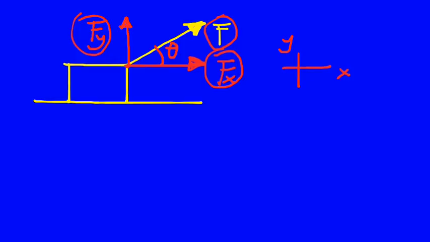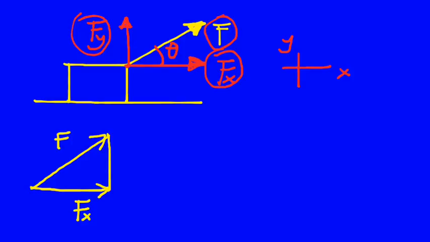Now, if you want to find the magnitudes of Fx and Fy, let's draw them in a triangle like this. So this is the original force F, this is the component in the x direction, this is the component in the y direction, and this is the angle, right?